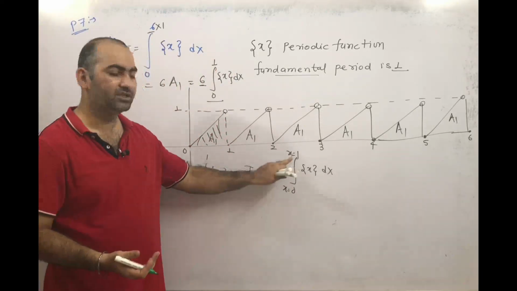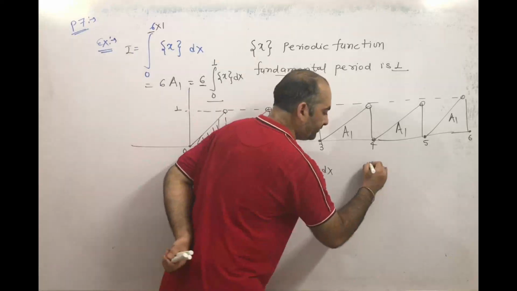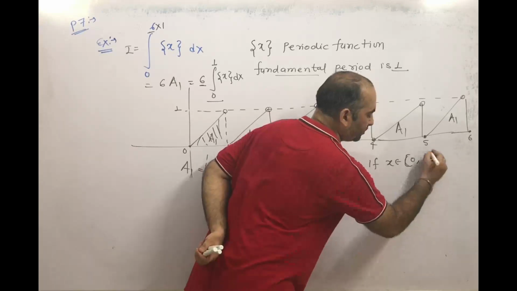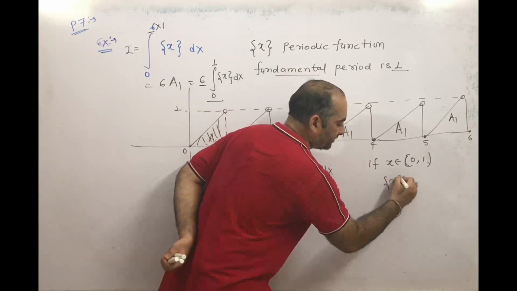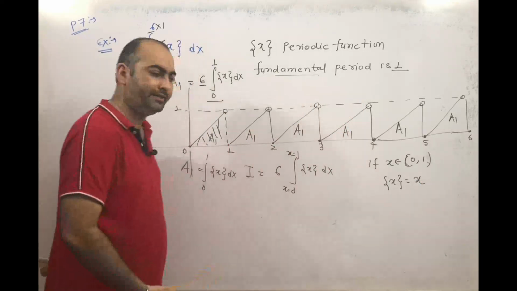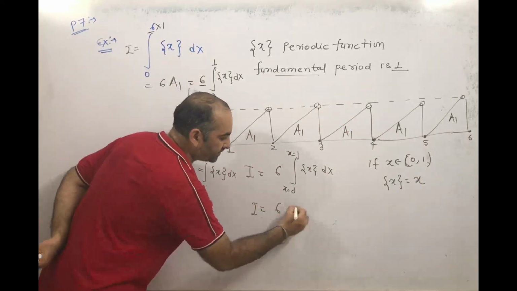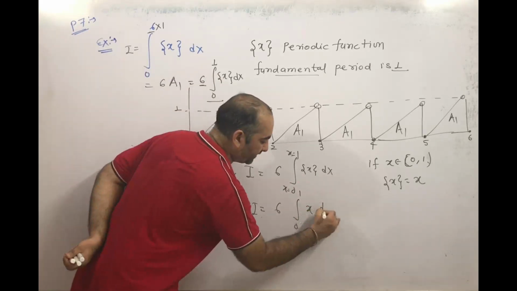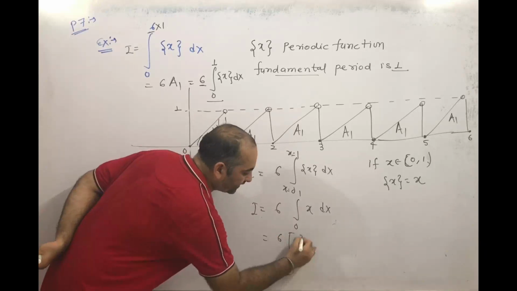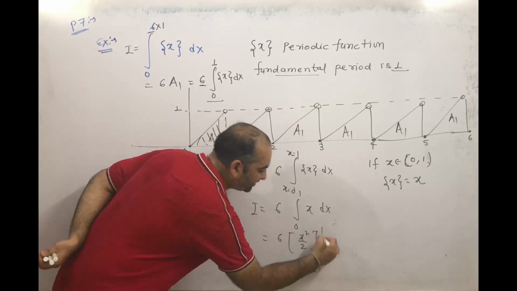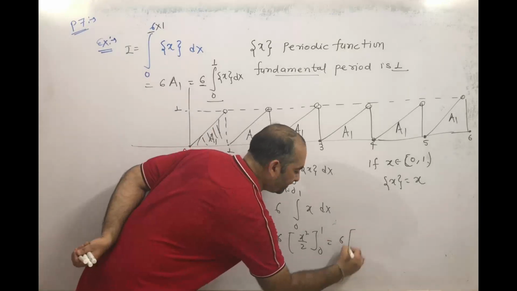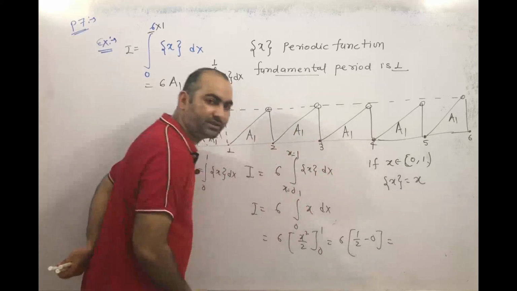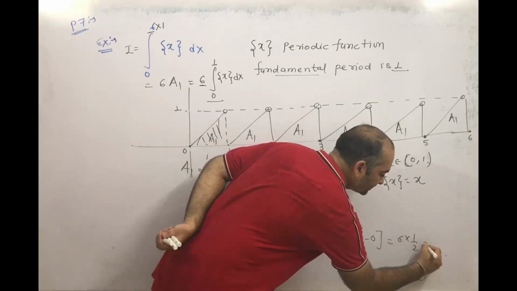So if x belongs to 0 to 1, 1 open, we can write fractional part of x as x. So I equals 6 times integration 0 to 1 of x dx. This will come 6 times x squared by 2, with limit 0 to 1. If I put the limit, 1 by 2 minus 0, so 6 into 1 by 2, that is 3.